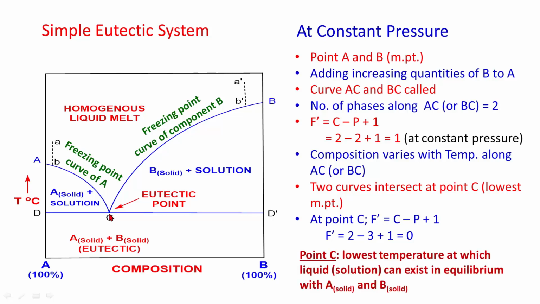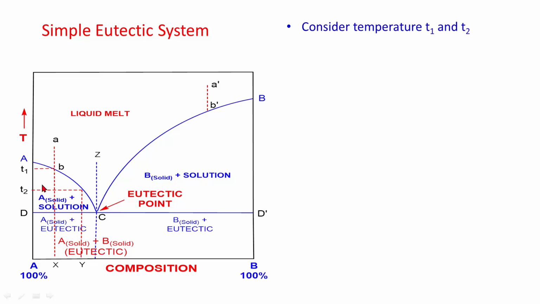Point C is the lowest temperature at which liquid solution can exist in equilibrium with A solid and B solid. There are three phases at point C. One is liquid melt, one is A solid, another is B solid. Let us consider two temperatures T1 and T2.